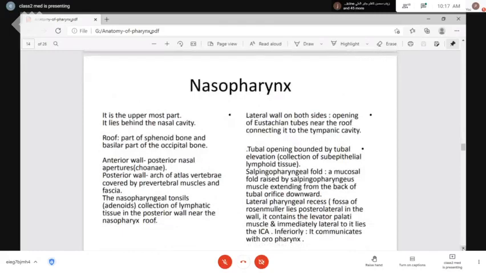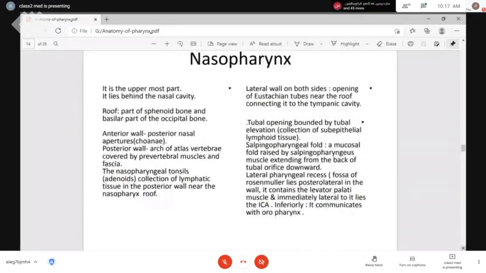Now, what is the nasopharynx, and what is the anatomical description of this part of the pharynx? The nasopharynx is the uppermost part. It lies behind the nasal cavity. The roof of the nasopharynx is a part of the sphenoid bone and the basilar part of the occipital bone.